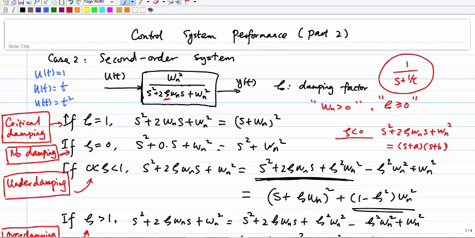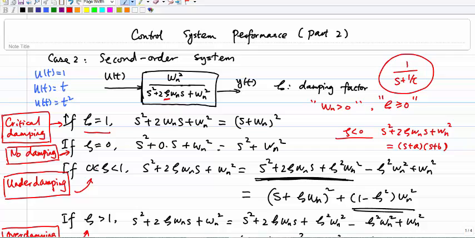So which means we could have different cases for theta. I divided theta into 4 different cases. If theta is 1, we have s squared plus 2 Wn s plus Wn squared, which is exactly s plus Wn, squared. If theta is 0, apparently the middle term will be gone, so it's just s squared plus Wn squared.